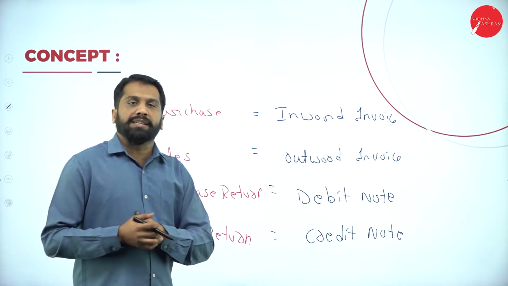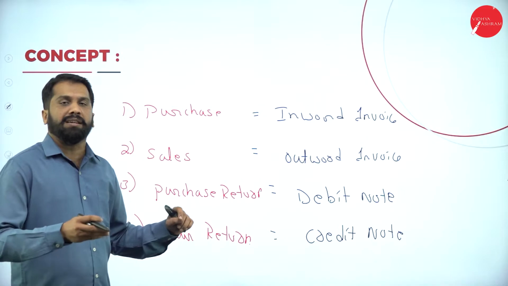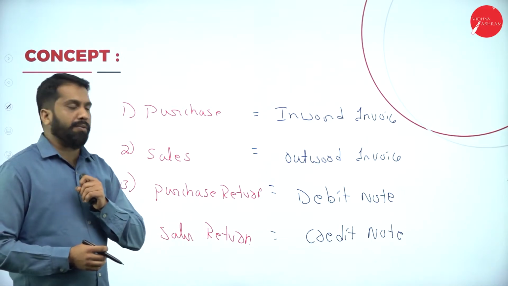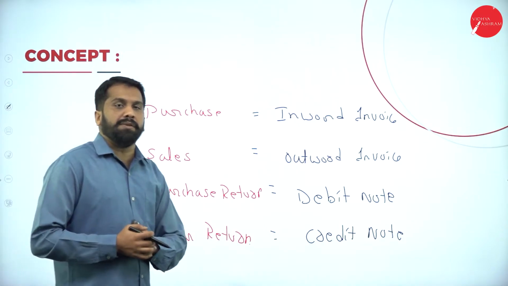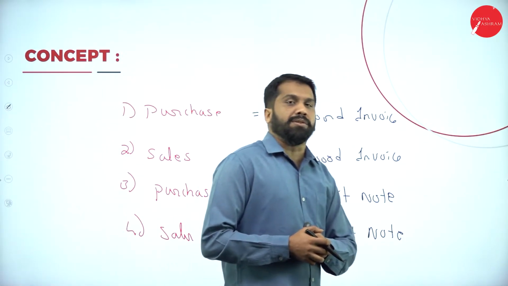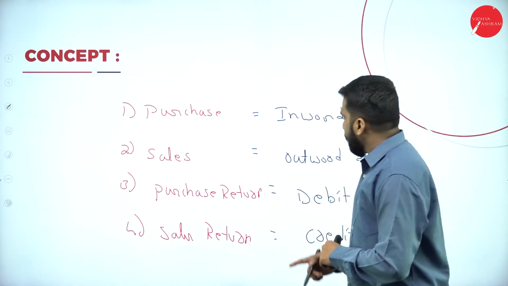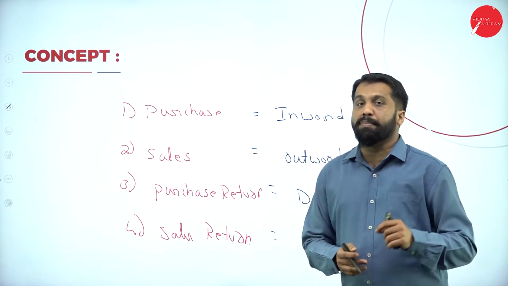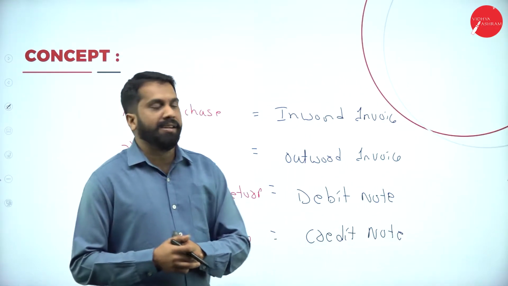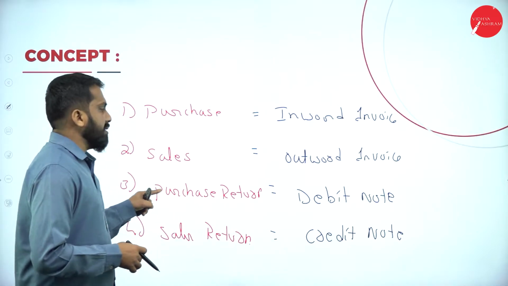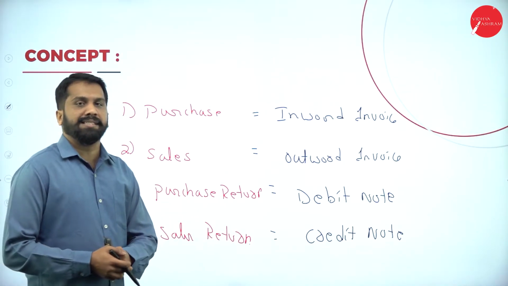In the question directly they will give you there is a credit note of 5,000 by Raju. If it is a credit note, what is it? It is sales return. They will give you in the question, there is a debit note for 3,000 by Ravi. Now, debit note means what? This is called purchase return. Easy to calculate. Remember that debit note means purchase return and credit note means sales return.